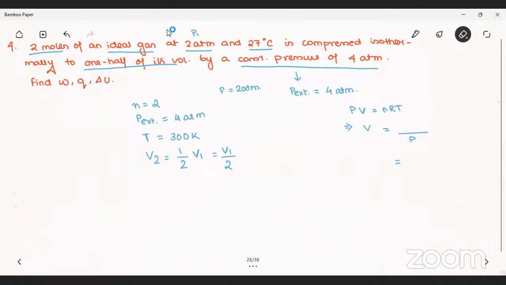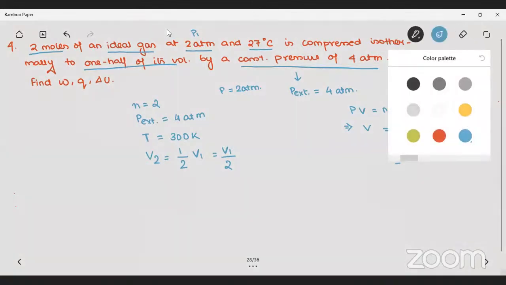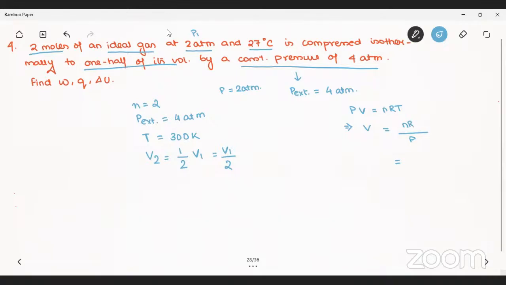So what is this? Volume will be nRT by P, right? What is n? n is given as 2. R, I told you to consider 1 by 12. Temperature is 300. P is 2. So if you calculate, how much do you get? 25, right?